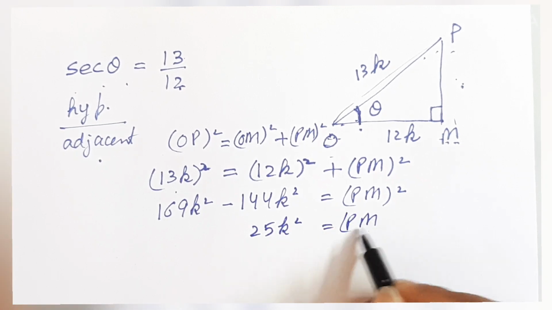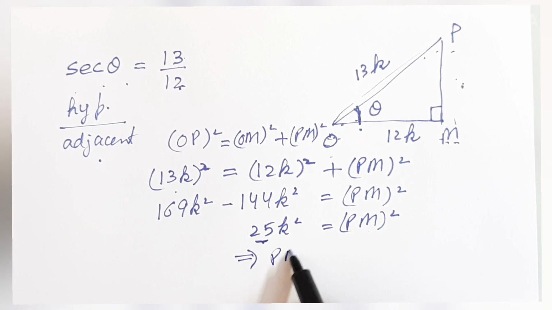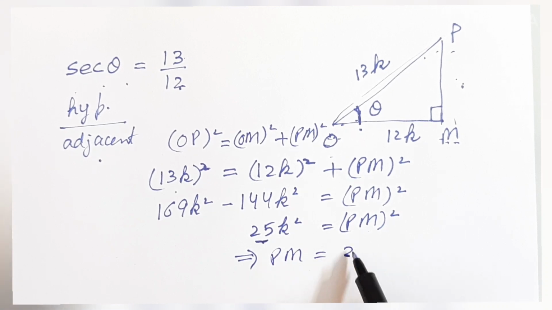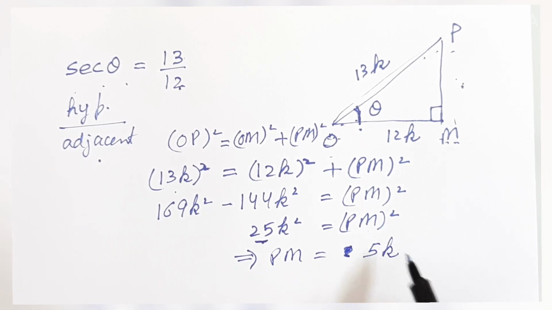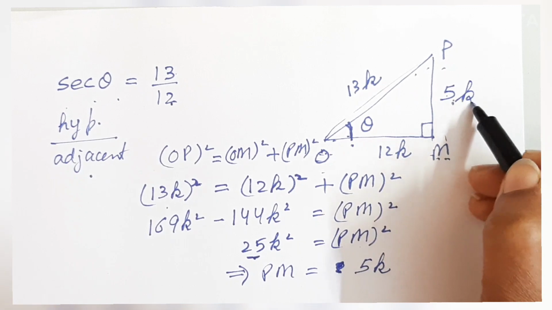So what is the value of PM now? Now 25 is the square of 5. So therefore this implies PM is equal to 5K. Clear? So that means in the diagram here I can write 5K.